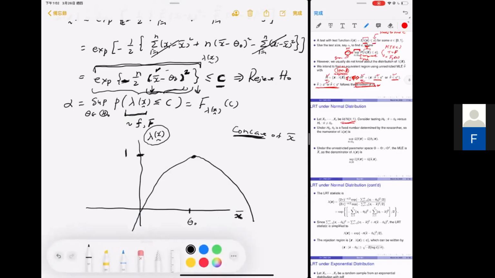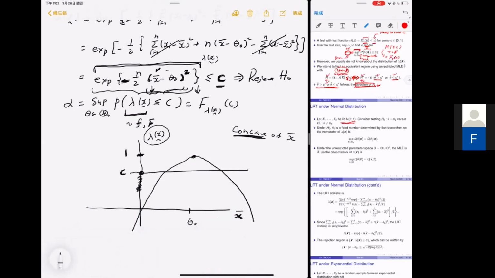Because we are choosing lambda x smaller than c, this is actually my rejection region, or critical region: lambda x smaller than c. Say lambda x as a function of x bar is a quadratic function like this.